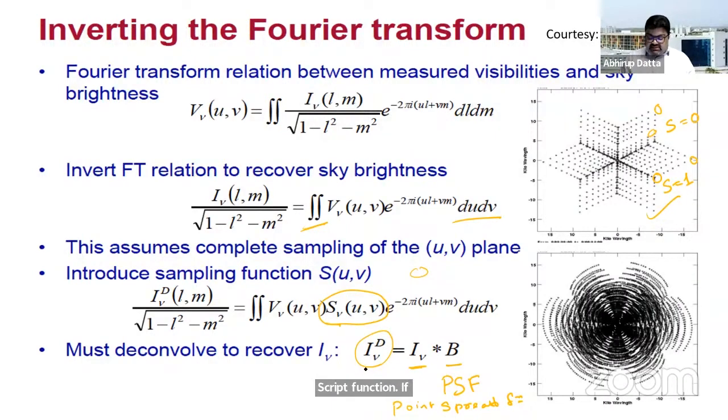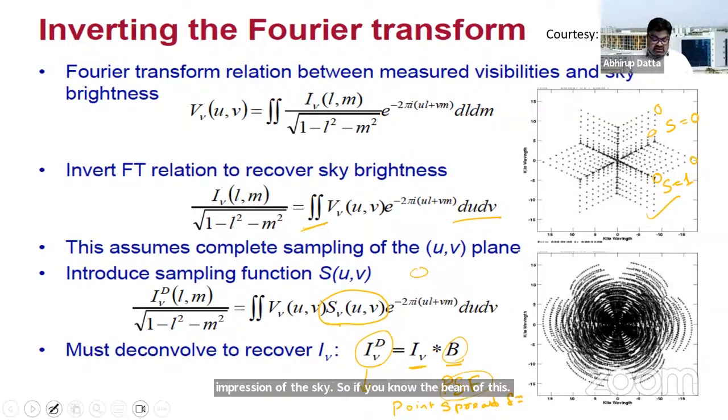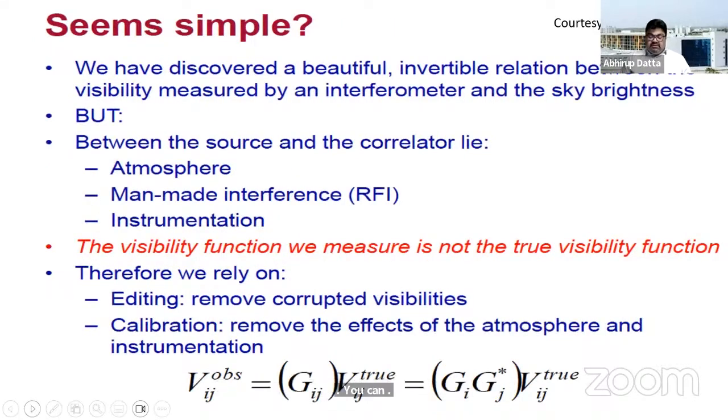It will give rise to the first impression of the sky. So if you know the beam or this point spread function, you can recover the original sky. Okay. What this says is the original image, original measurement is not ideal.